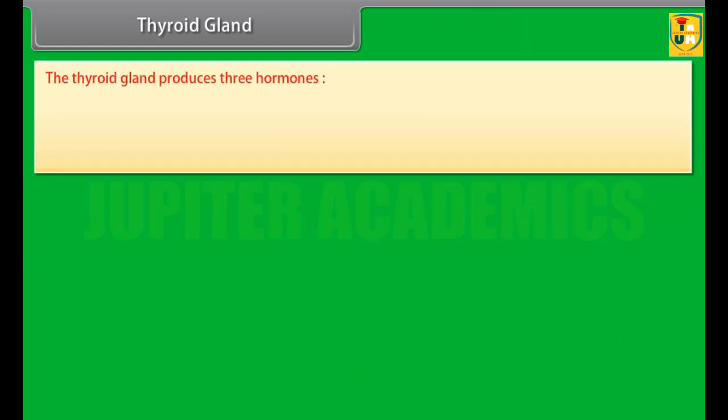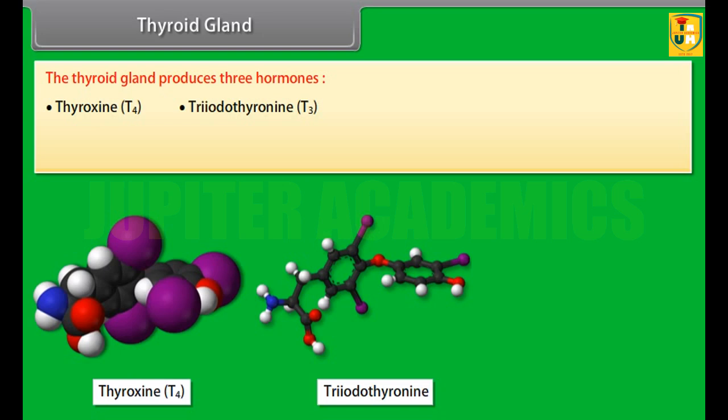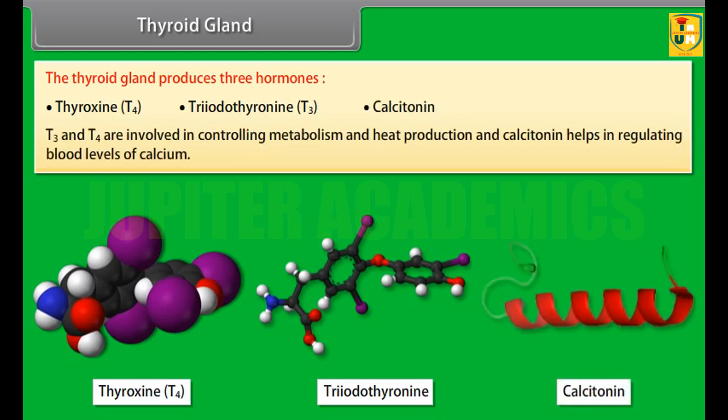The thyroid gland produces 3 hormones: thyroxine, T4, triiodothyronine, T3, and calcitonin. T3 and T4 are involved in controlling metabolism and heat production, and calcitonin helps in regulating blood levels of calcium.